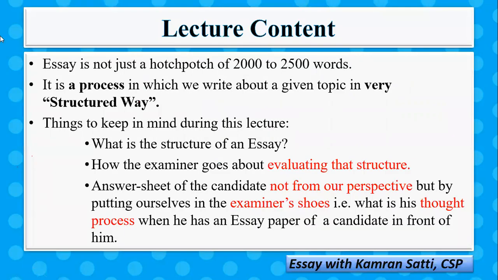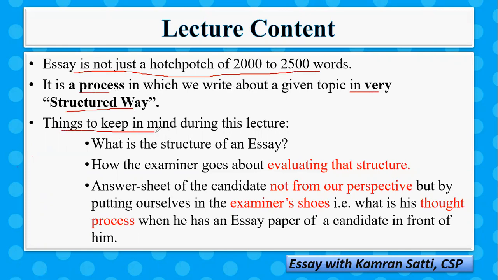Okay, so let's move forward. As you can see, an essay is not just a hodgepodge of 2000 to 2500 words. It is a process in which we write about a given topic in a very structured way. That structure consists of intro, body, and conclusion, and there is a structure to writing an introductory paragraph, body paragraph, and concluding paragraph.